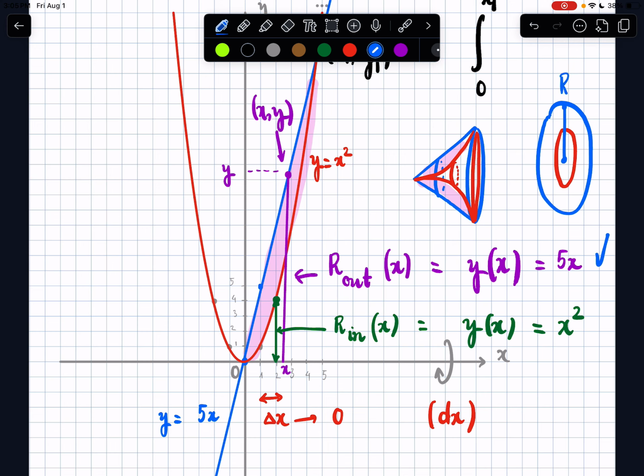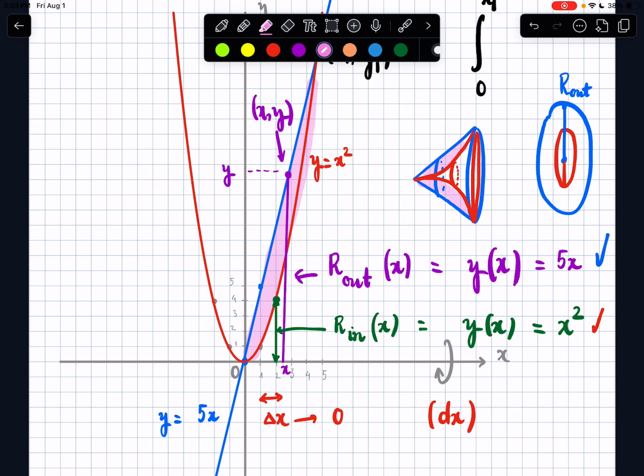The inner radius, this length, R inner, is x squared.